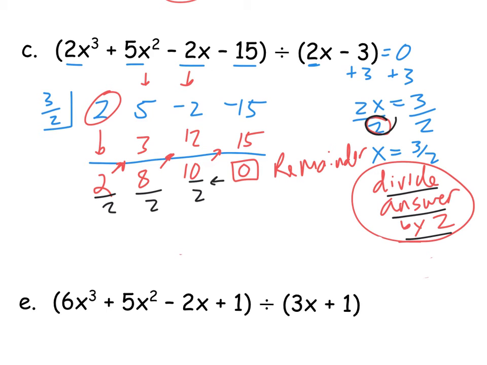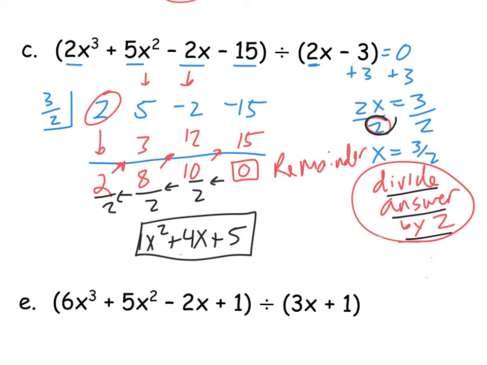So first one to the left of the remainder, this is my whole number. 10 divided by 2 is 5. Next one over, 8 divided by 2 is 4. That's going to be the first x, so that's 4x. And then 2 divided by 2 is 1, so that's going to be 1x squared. So there's my answer. X squared plus 4x plus 5.